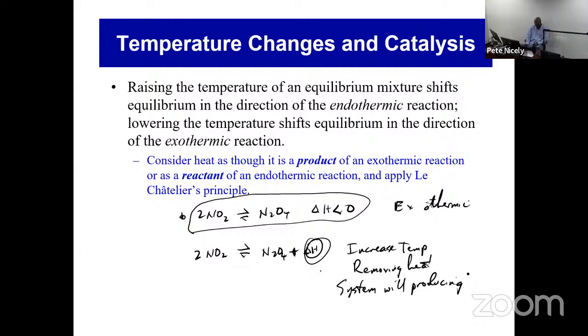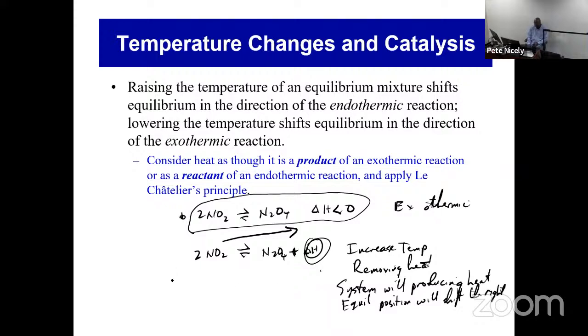So the system will be producing heat, which means that in this case, the equilibrium will shift in that direction, right? So therefore, equilibrium position will shift to the right.